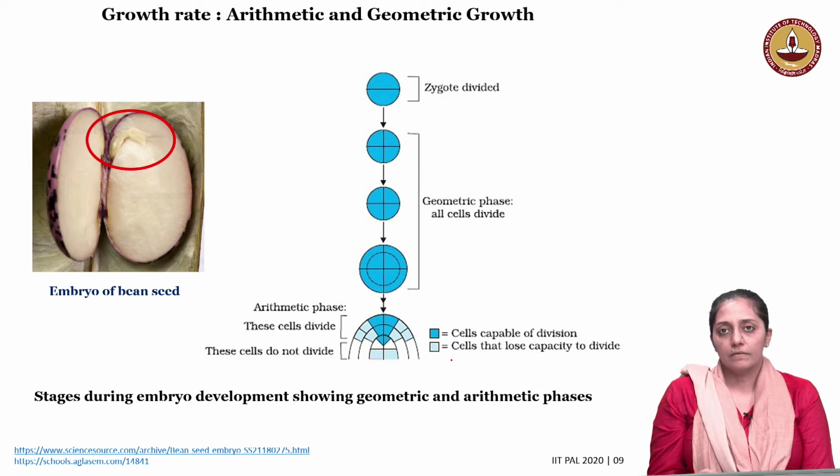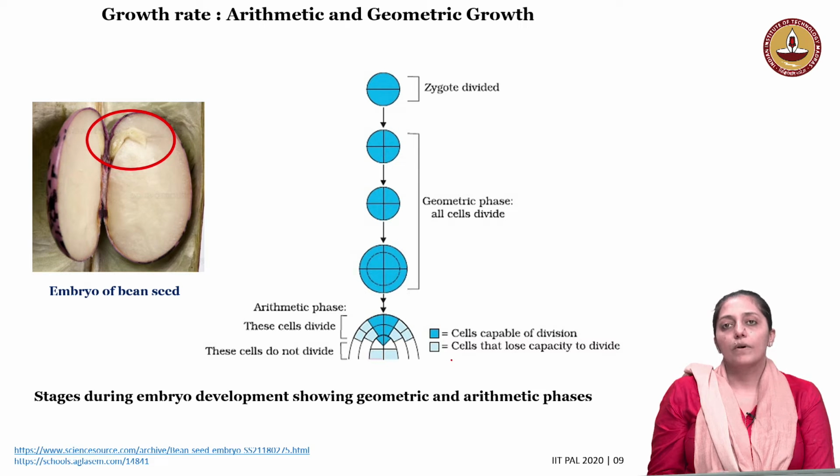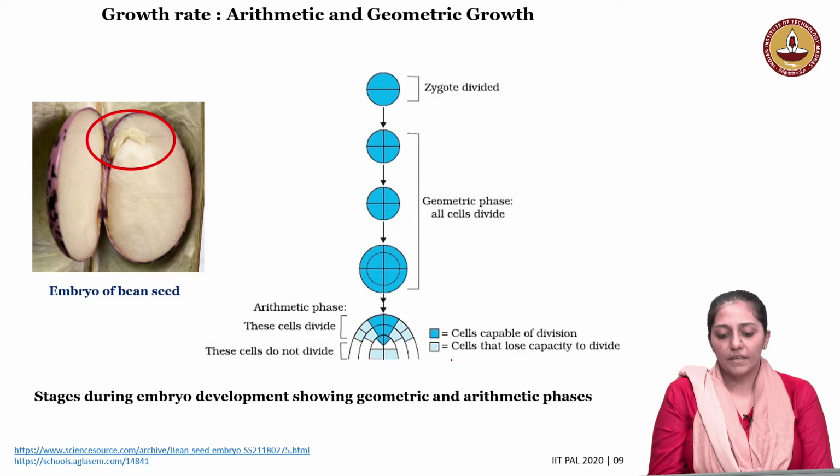It then slowly matures to a phase where not all cells keep dividing, but some of the cells retain division, while the other cells tend to lose the capacity to divide and start maturing and differentiating to function in various other roles in the embryo development until it becomes a seedling.